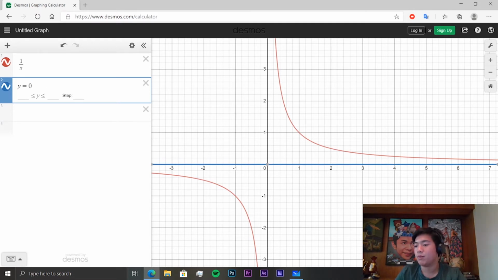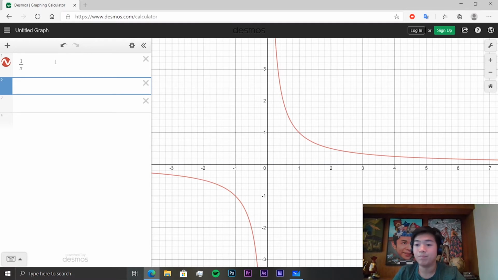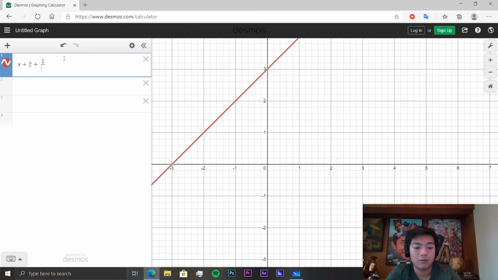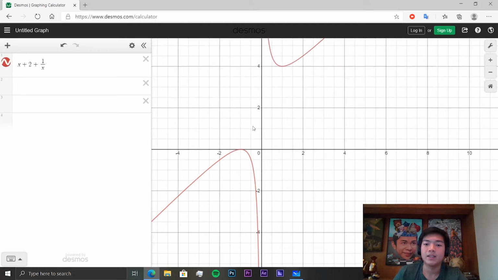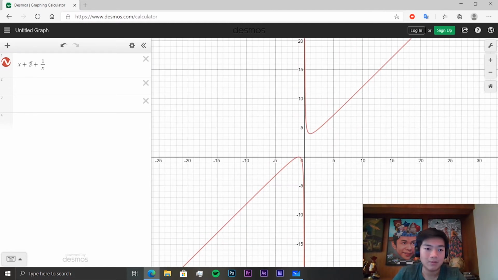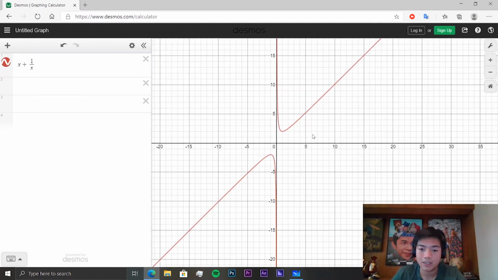And there's one more thing we need to talk about, and it's called an oblique asymptote. To show it, we would have to graph something like y equals, say, x plus 2 plus 1 over x. So in this case, we can actually see we have some sort of asymptote. Remove the 2, just go x plus 1 over x.